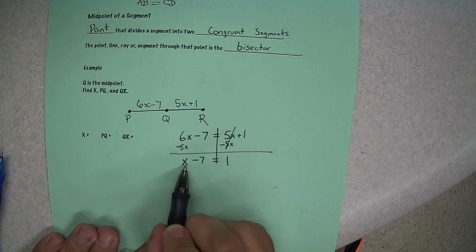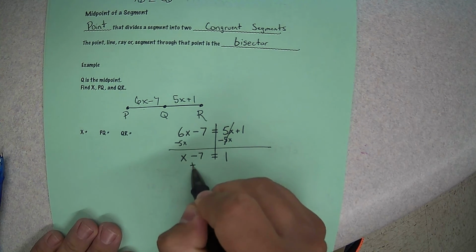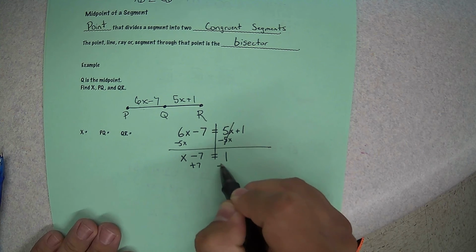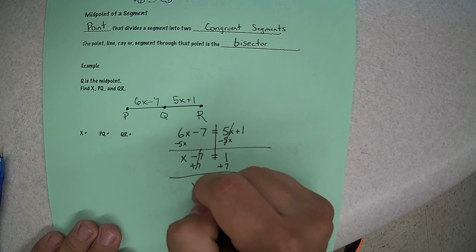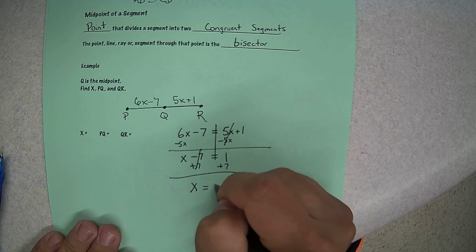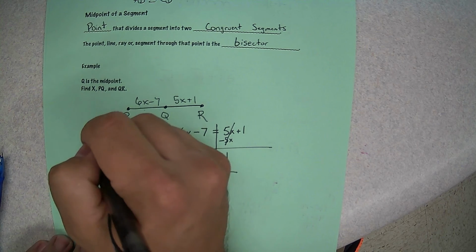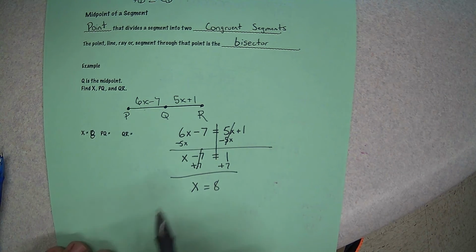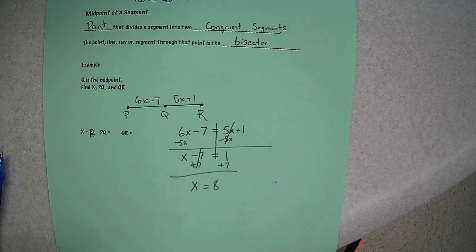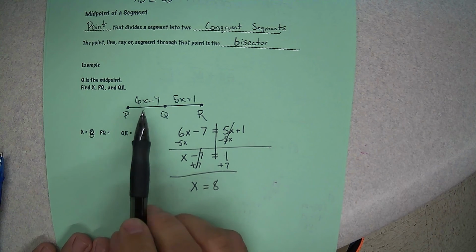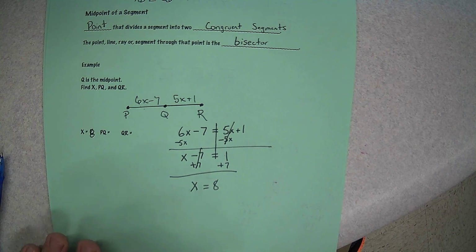I want to get the x all by itself, so we do the opposite and add 7 to both sides. These go away. That leaves me with x equals 8. So we know x is 8. That will let me figure out these two, and this is really a good way to check our answer as well, because whatever I get for here should equal what I get for here.